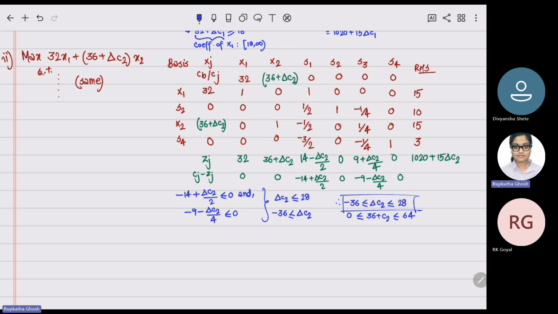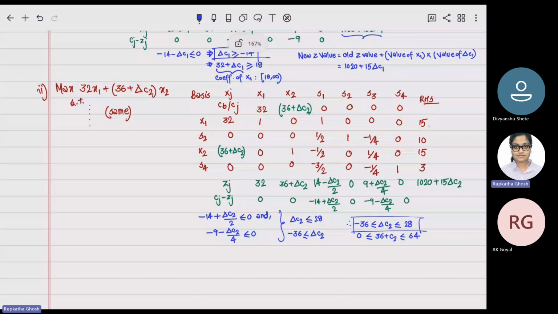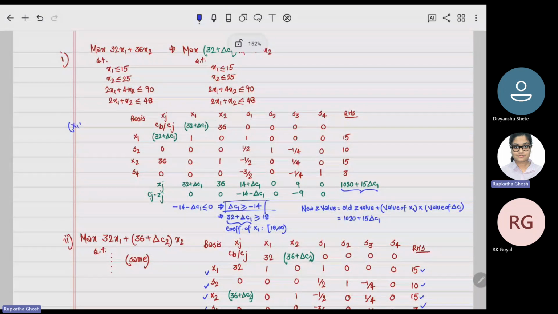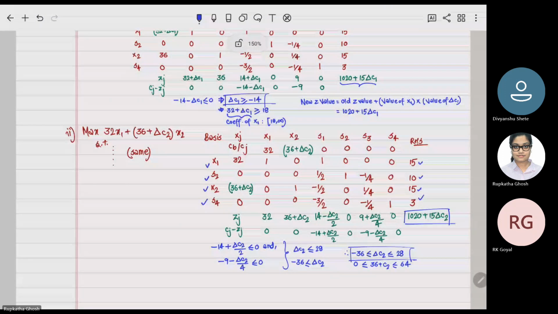That means no change in basis, no change in the values of the basic variables. Basis remains the same, but there is a change in the objective function value. Remember, in both these cases that we did, x1 is a basic variable, x2 is also a basic variable.